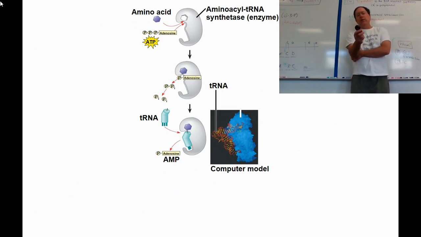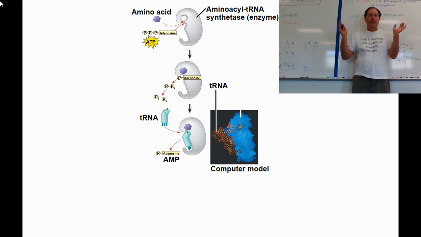Now, I used to think that there were 61 different tRNAs, because there aren't tRNAs for stop codons. There's nothing, it's like a protein that blows up the whole translation process at the end. But if you look at that codon chart, there are 61 other codon sequences which can cause a tRNA to come in with an amino acid attached to it, including the start codon, which is AUG, which is methionine.